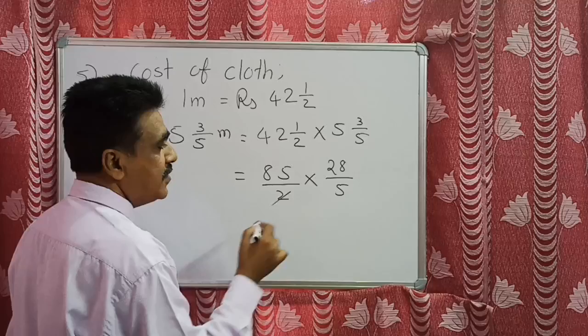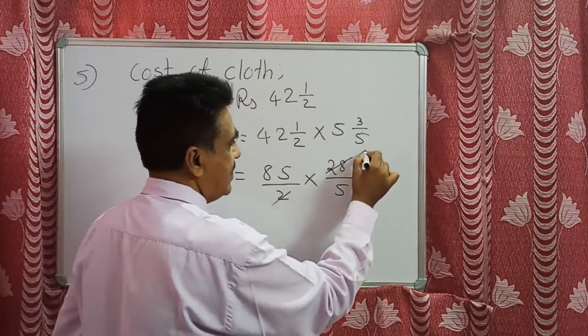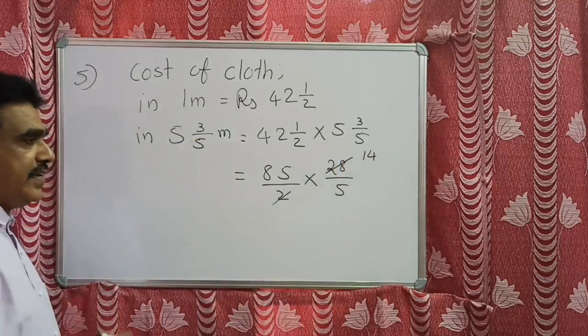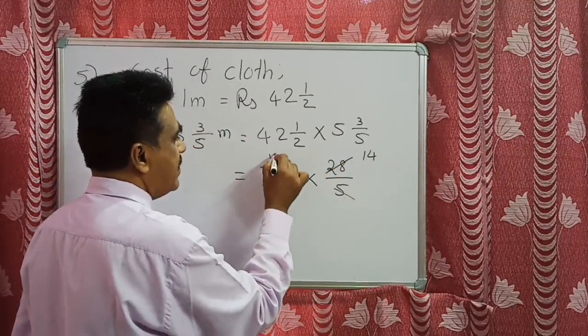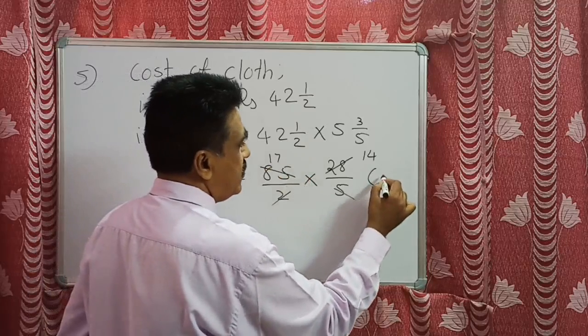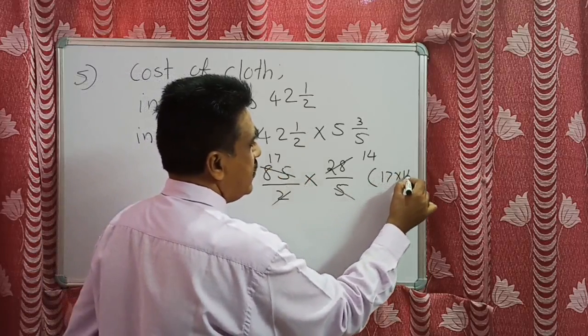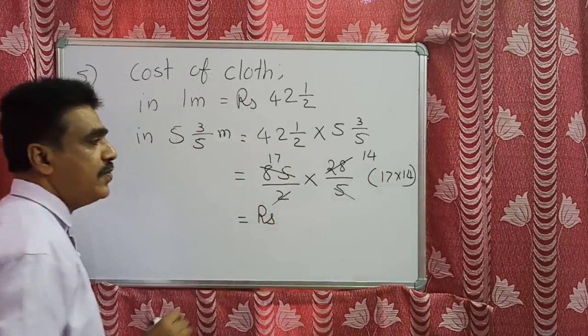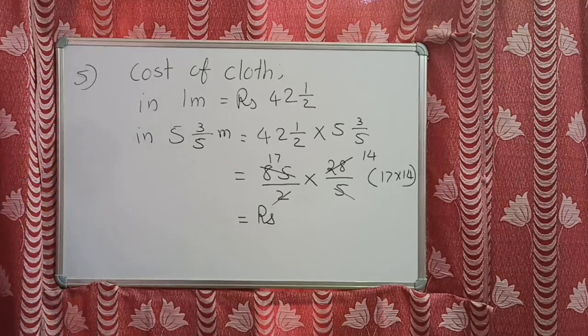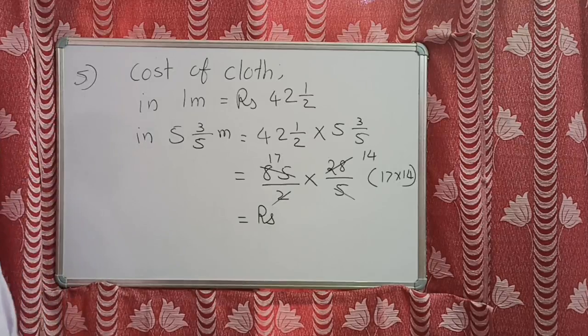We can cut 2 and 42, that is 21. 5 and 85, it will come 17. So we should multiply 17 into 3.